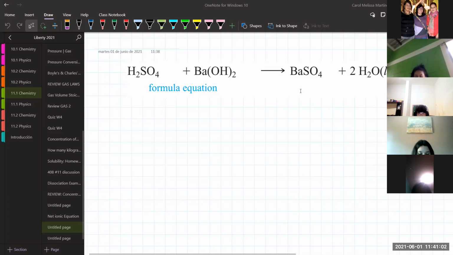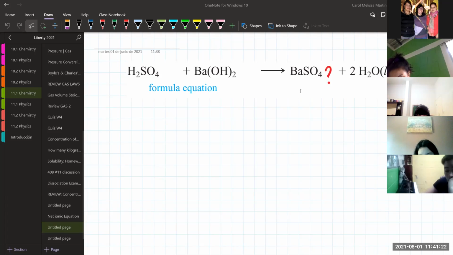The first thing that we need to know is the physical state of each compound. To know the physical state, I totally recommend using the table of solubilities that I gave you. Okay? So I want to know the physical state of this compound, this other compound, and also this one.